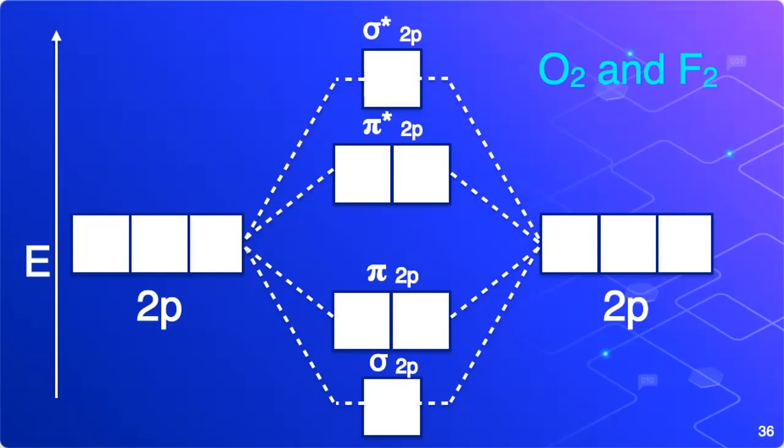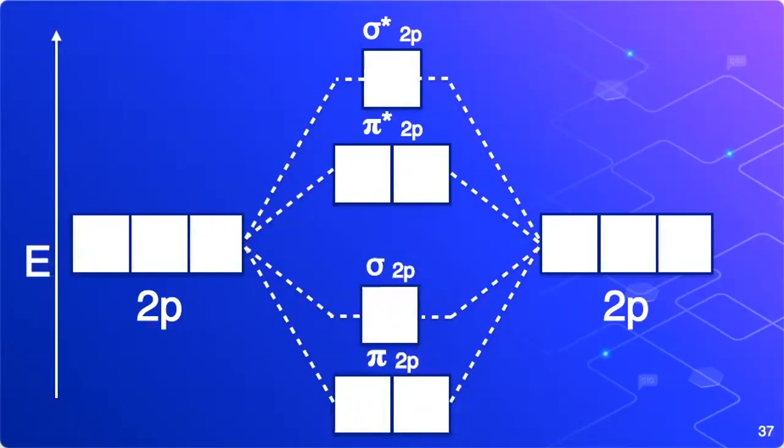For the elements from hydrogen to nitrogen, nagkakaroon ng shift ng arrangement nila. So mas bumababa yung energy ni pi tapos tumataas yung energy ni sigma. So this is, again, for the hydrogen to the nitrogen atom.